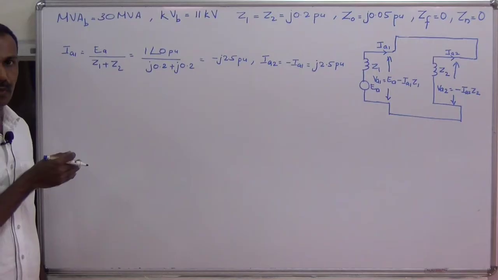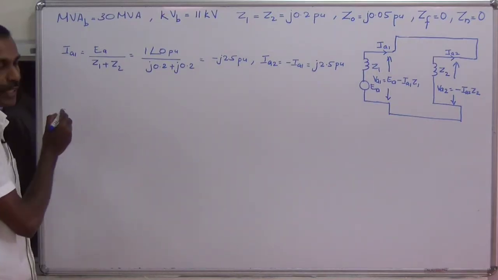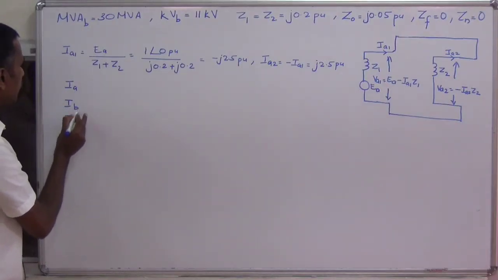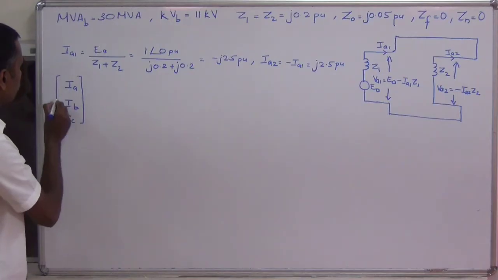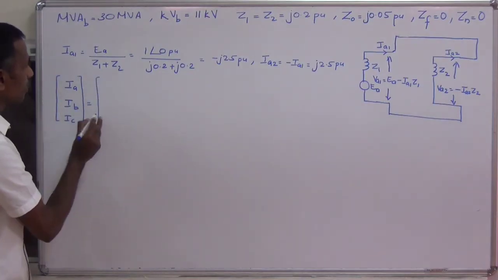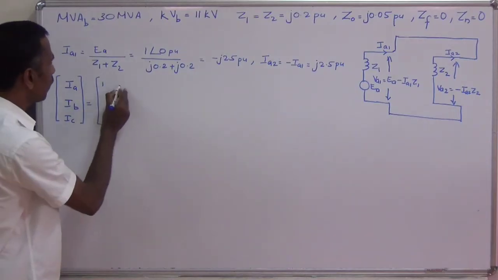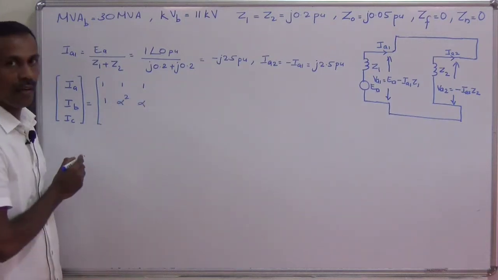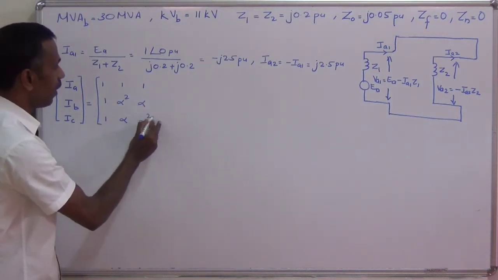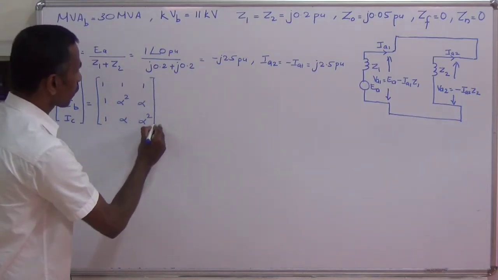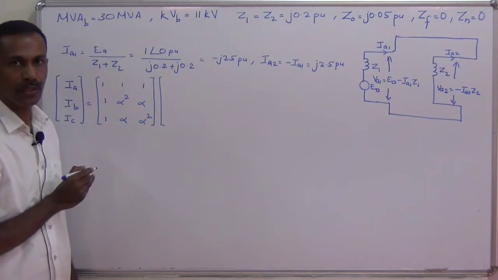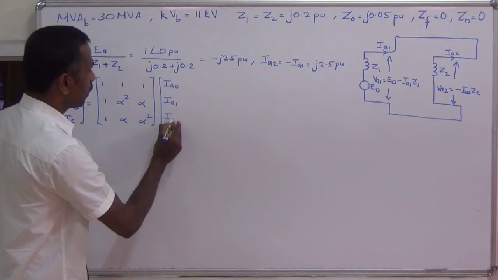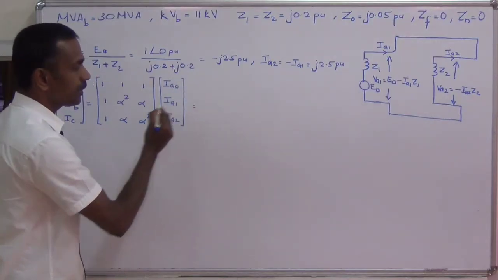Our next step is to find out the phase current using the matrix equation. This is the equation we are using: IA, IB, IC is equal to the transformation matrix 1, 1, 1; 1, alpha square, alpha; 1, alpha, alpha square, into the sequence currents IA0, IA1, IA2.